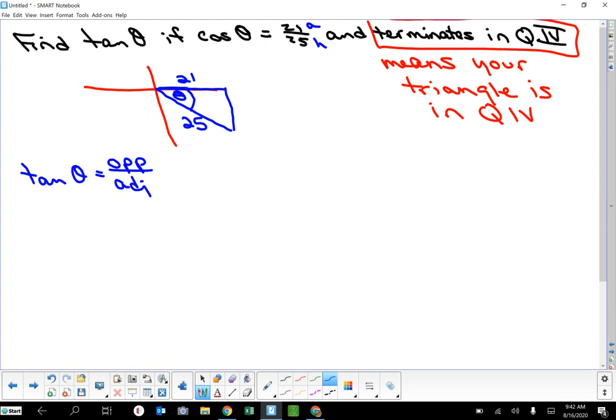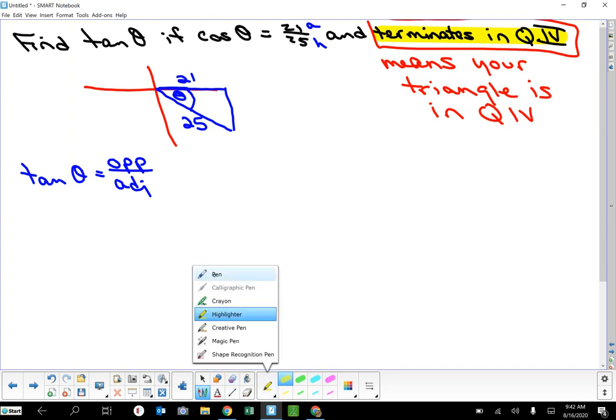So part of this is understanding what this part of the question means and how to draw the picture. And I highly, highly recommend you're drawing pictures when you do these. If you don't draw pictures, I don't know how you do these problems. But draw the picture, and then you're going to have to do some math using Pythagorean theorem.